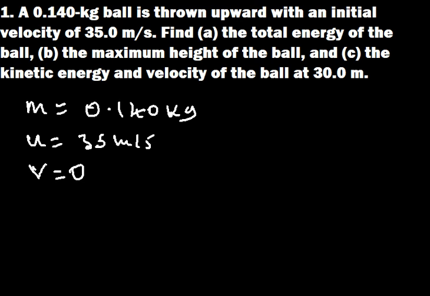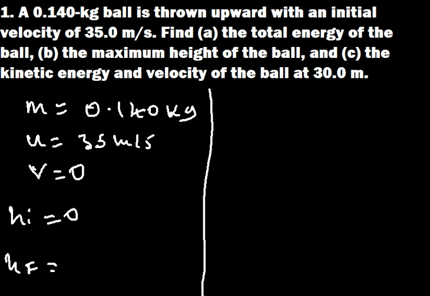Now question B says find the maximum height of the ball. In this case we have to use the law of conservation of mechanical energy, in the sense that from where the object has been thrown, its initial height is given as 0, and we have the final height, which we don't know, but we should deduce that.